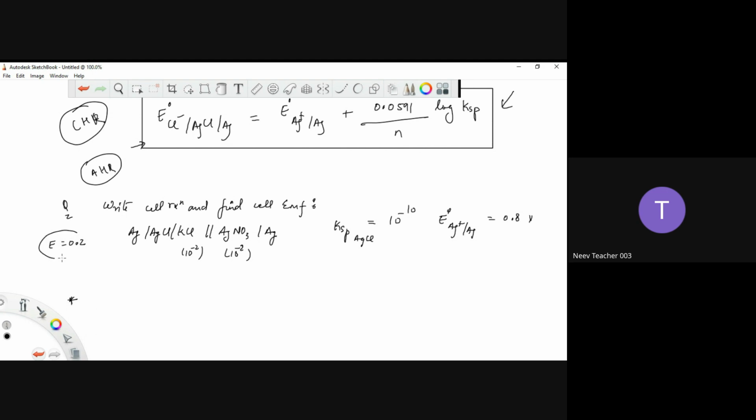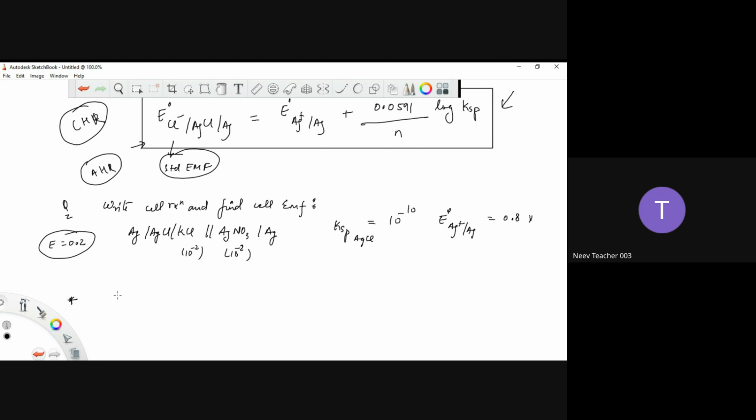0.2. Okay. So now see this, the concept, the next part, which is the continuation of it. We found the standard EMF, right? What if it is a non-standard EMF? What will be the E value?